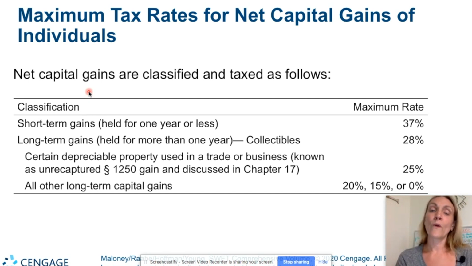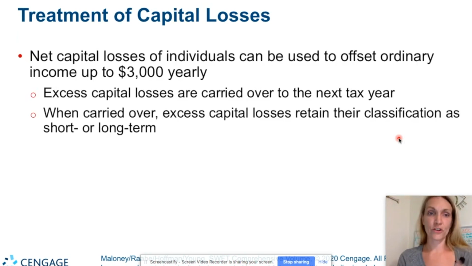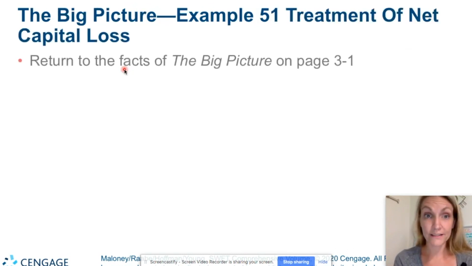And so when you buy and sell those shares, you're having what's called gains, and they're taxed at a preferential rate of 20%, 15%, or 0% as long as they're long term. Then there's a lot of other rules, of course, but that's the most important part, and do watch those other videos. Additionally, you can deduct up to $3,000 per year of net capital losses.